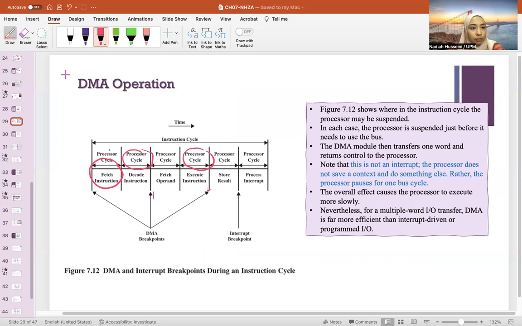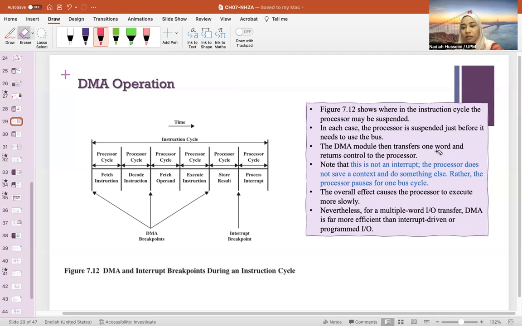So the DMA breakpoint is issued after the cycle is complete or before the next cycle begins. When the DMA interrupts, it's telling the processor, stop what you're doing, pause. If it was supposed to execute instruction next, it won't be able to, because now the system bus is taken over by the DMA module.